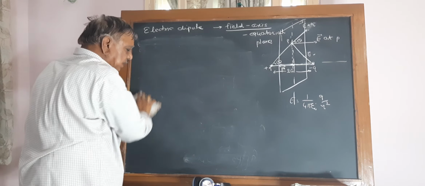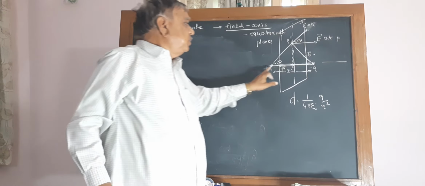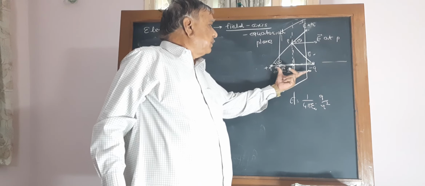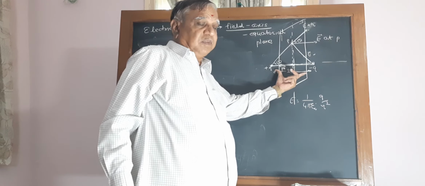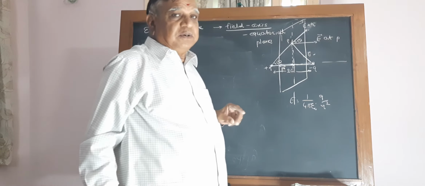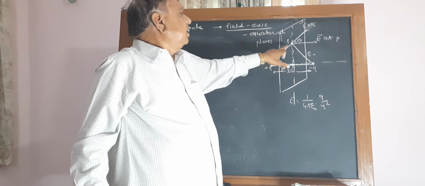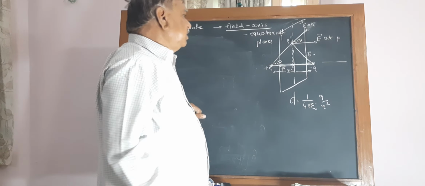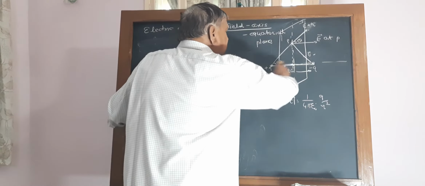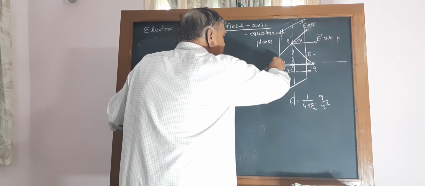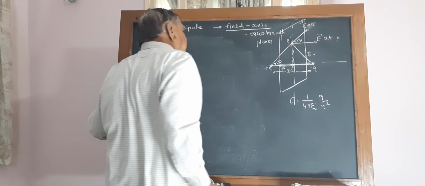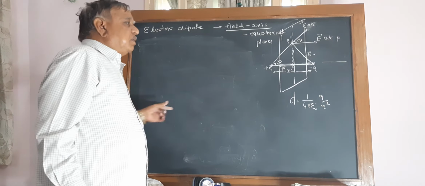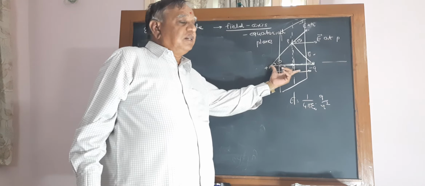Two charges plus q and minus q separated by 2a, and a point P lying on the equator or equatorial plane. Then the angle between this dipole moment and this P, here opposite to P, is theta.